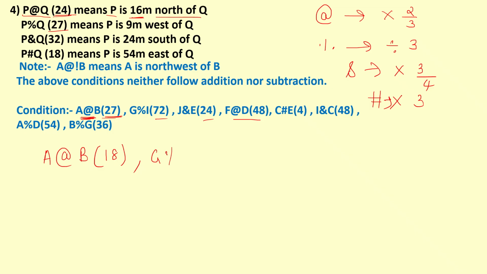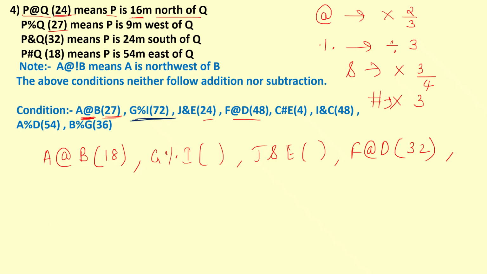So here I write as it is. F at D. So how much will you get? 48 into 2 by 3, you will get 32. Next, go to percentage. G percent I, 72. So for percentage, what logic is used? Divide by 3.